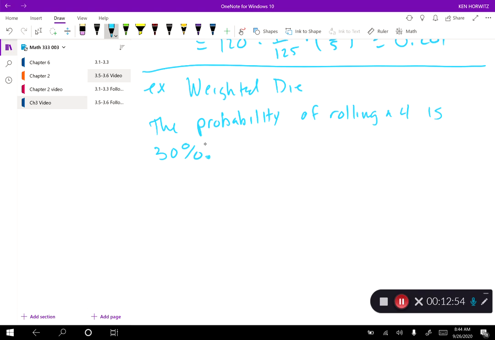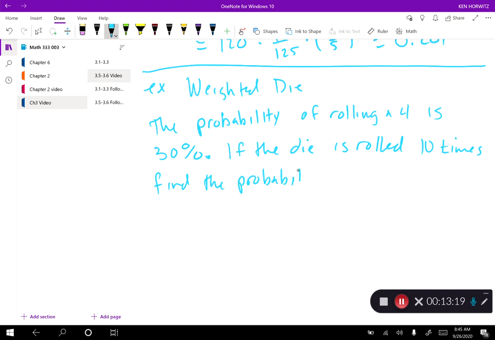If the die is rolled 10 times, find the probability of rolling exactly 8 4s.